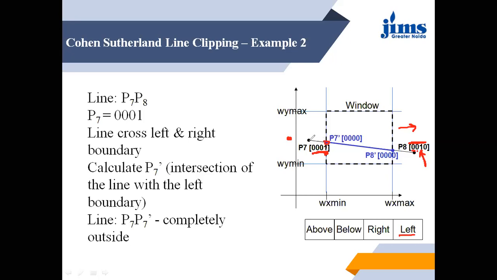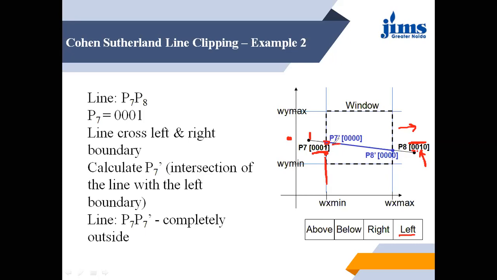And as I told you in the last slide, we can find the intersection point by using the line equation, where we know the value of this point, that is P7, and for P7 dash we know one value, that is Wx min.